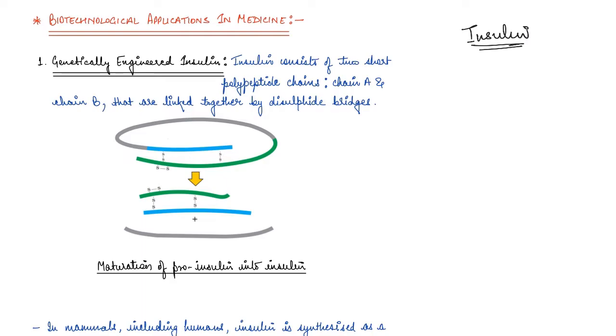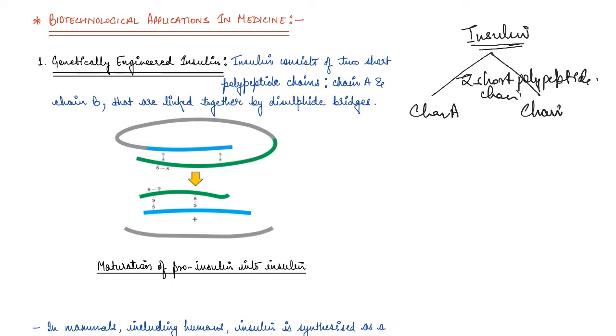So if you see the structure of insulin, insulin has two short polypeptides, right? There are two chains, chain A and chain B. These two chains are linked together by a disulfide bridge, right?